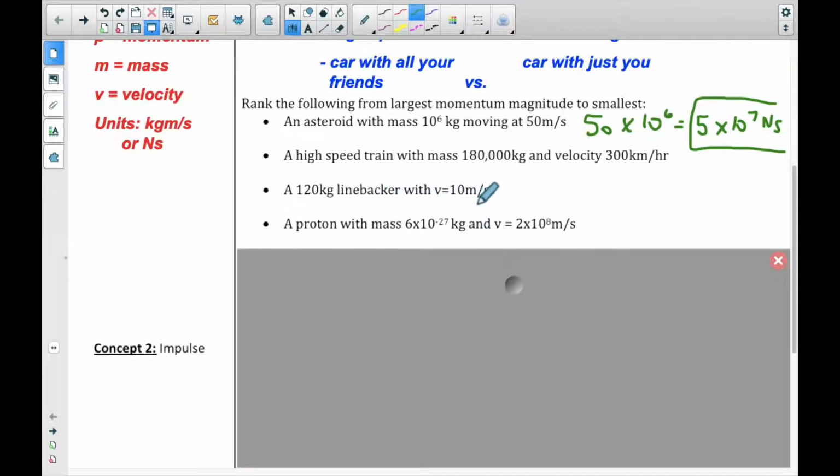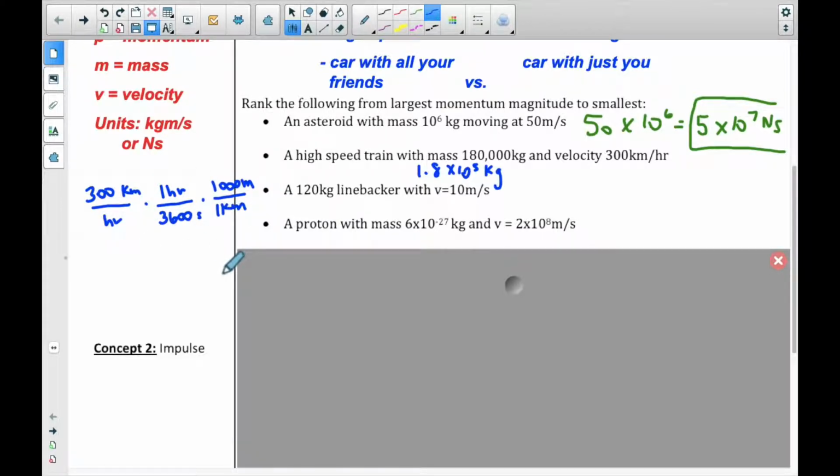A high-speed train with a mass of 180,000 kilograms and a velocity of 300 kilometers per hour. Okay, if we're talking about SI units, we need to change some things here. One thing is we need to take 300 kilometers per hour and change that to meters per second. Now, kilograms is fine the way it is. So over to the left here, we can convert 300 kilometers per hour to meters per second using our unit analysis.